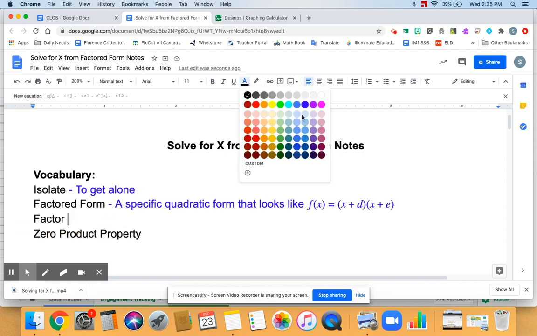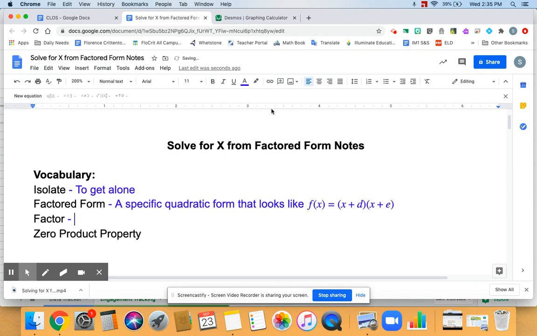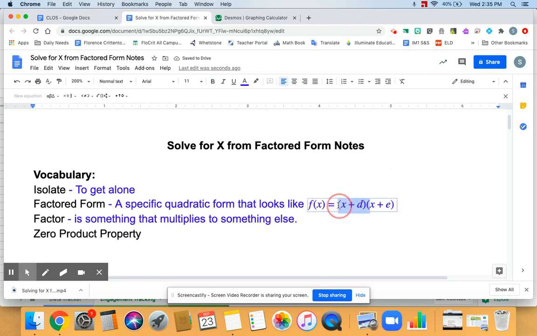A factor is something that multiplies to something else. So for example, this times this would equal the big standard form one. So these are both factors because when I multiply them together, they equal something bigger.